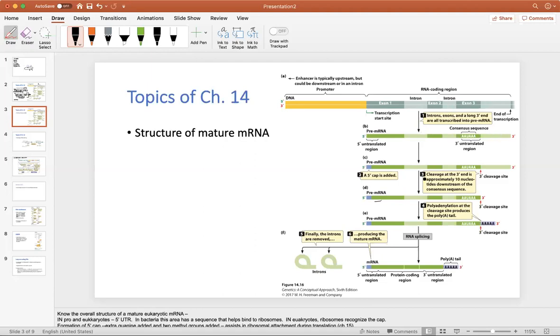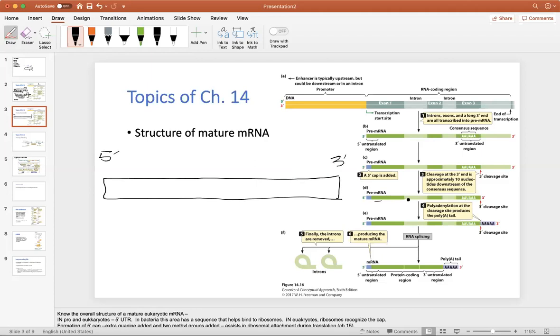There's also some other things that happen to an mRNA molecule in eukaryotes in order for it to be considered a mature mRNA. So I'm going to draw us an mRNA just like I did on the last slide, using my little rectangle here. Okay, and again, this is going to be the 5' end of this mRNA, and then this will be, of course, the 3' end of this mRNA.